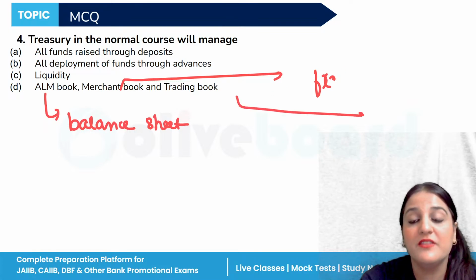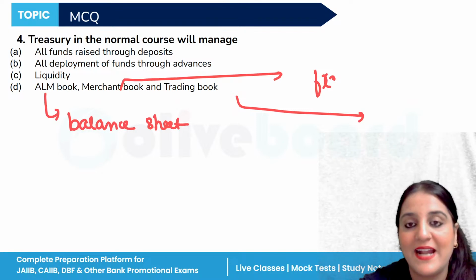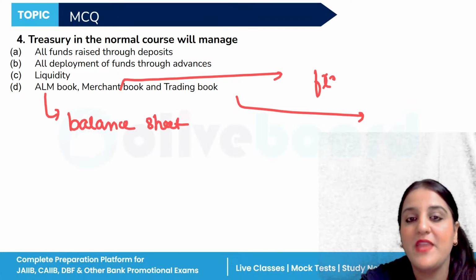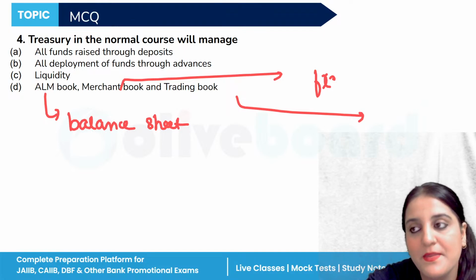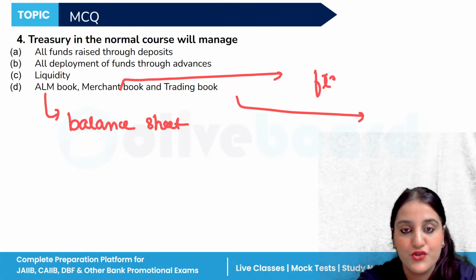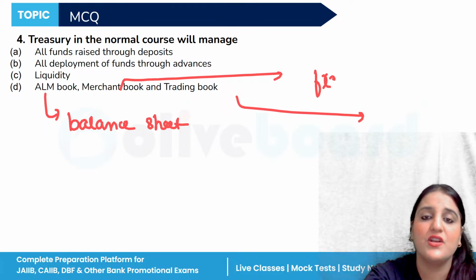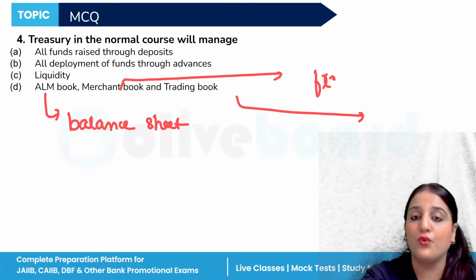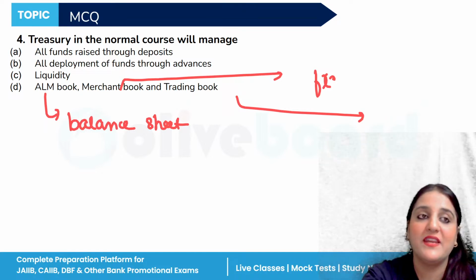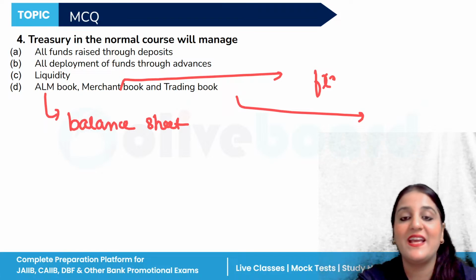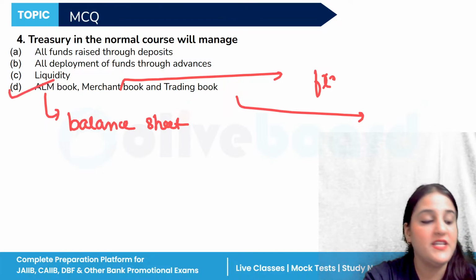And trading book refers to the assets held by the bank that are subject to short term trading, and it consists of instruments like securities, derivatives, forex positions, and other financial assets which are bought or sold for trading purposes. The treasury manages these positions to take advantage of market movements. So we can say here option D is correct.